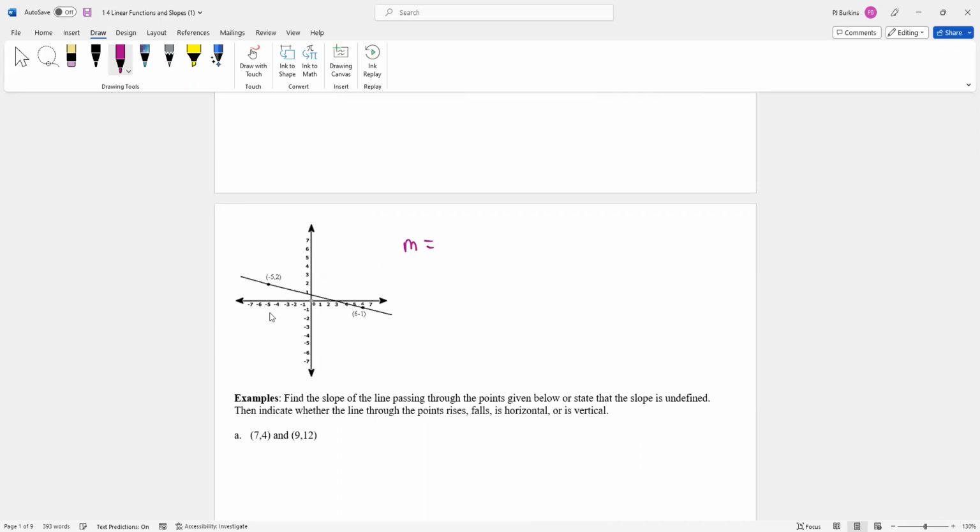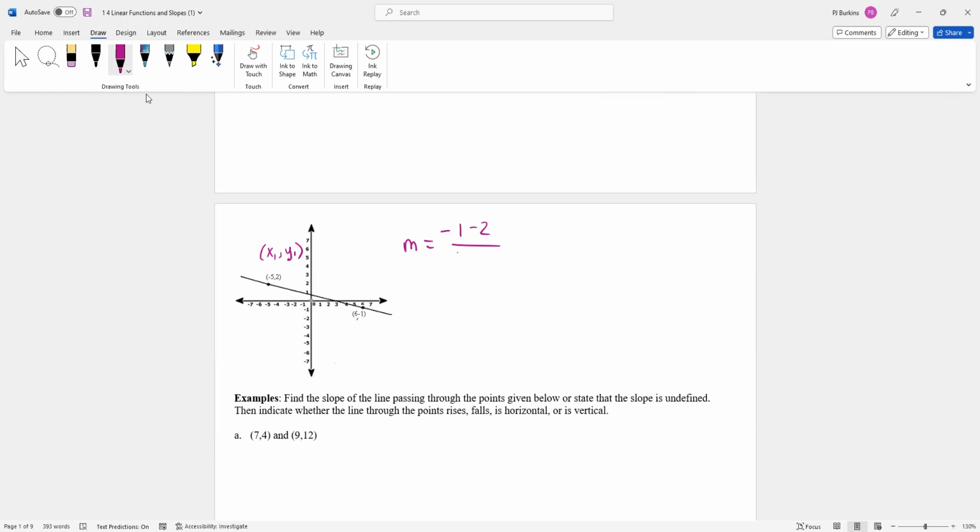So m equals, let's just make this one x1, y1. So y2 is negative 1, and then let's see, y1 is 2, so we do minus 2.